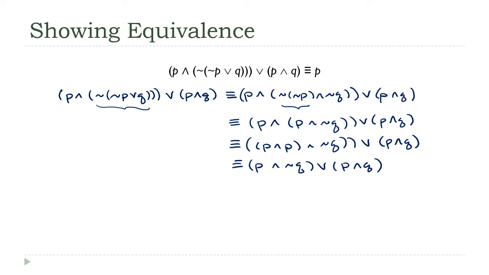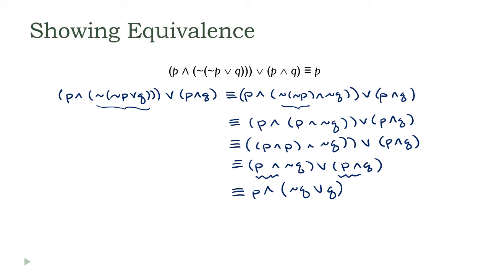Now, here it gets a little interesting. Notice how both of these pieces start with P and Q. All right, so I'm going to use the distributive property here. I'm going to bring out that P, much the way we factor in an algebra setting. What's left is not Q or Q, right?